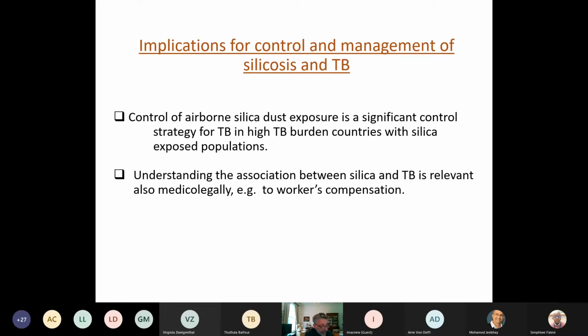Specifically, particularly given subradiological silicosis, as in some jurisdictions, maybe most jurisdictions, it's not justifiable to require radiological silicosis for someone who's been heavily exposed to silica to justify compensation for tuberculosis. In other words, we believe that tuberculosis is an occupational disease in settings of high exposure, even when there is no silicosis on the X-ray.